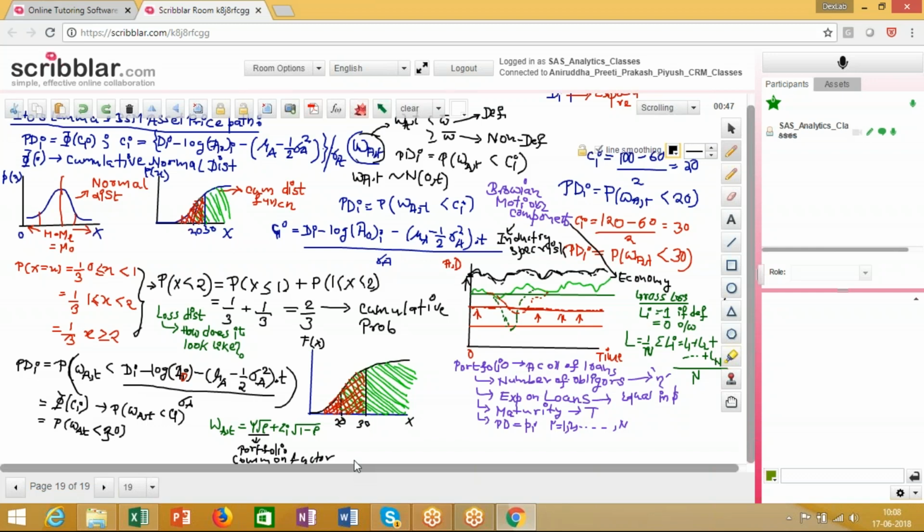Now the other part is the company specific factors.